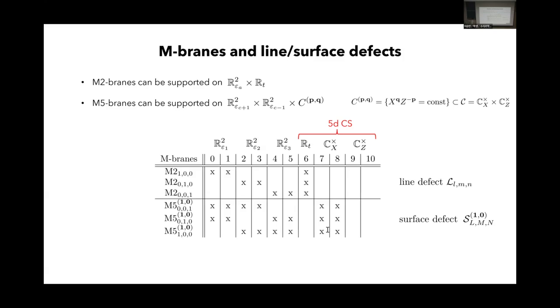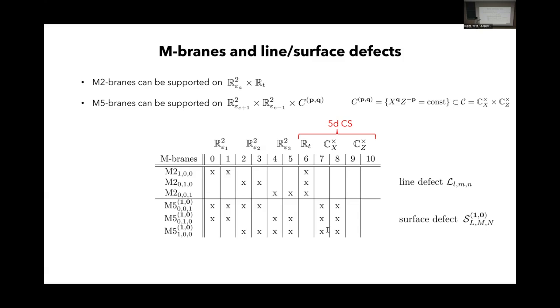Okay. So I tabulated some of these choices of the M-branes, M2 and M5, in this table. The point that I want to deliver here is that these M-branes, M2 and M5, have to be seen as some kind of defects in the 5D Chern-Simons theory that I introduced in the previous slide.